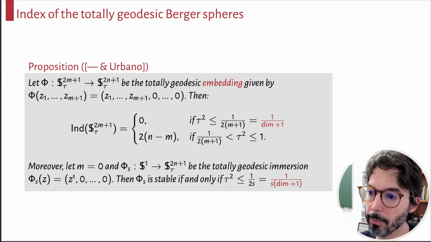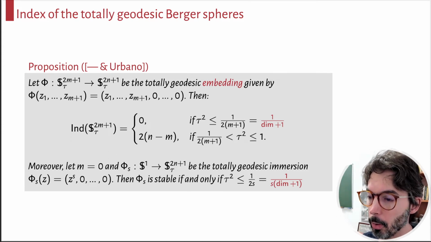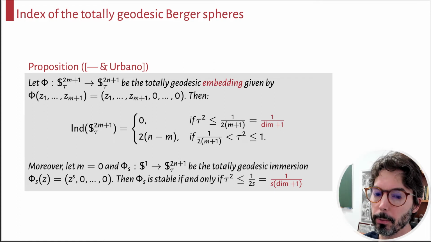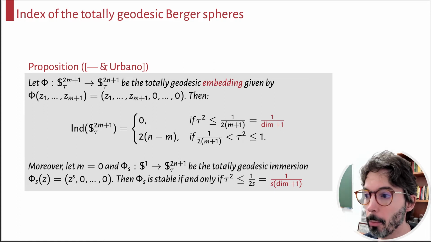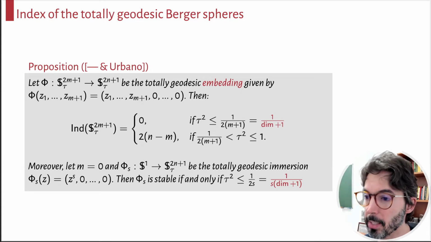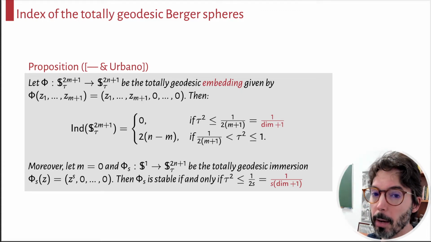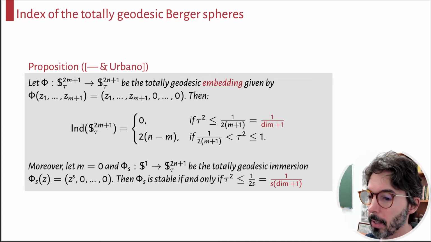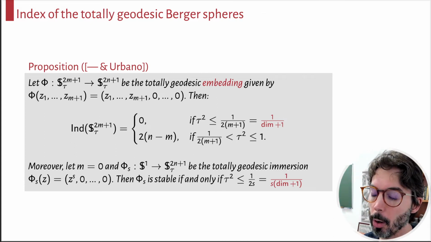Here, we have seen that if we make the length of the Hopf fiber short enough, some stable submanifolds will appear. So this special value is 1 over the dimension of the submanifold plus 1, and in the case of the covering of order s it is precisely 1 over s, the order of the covering, times the dimension plus 1.